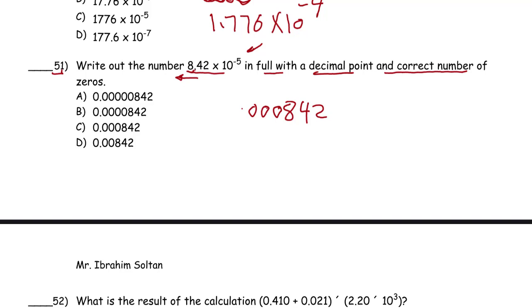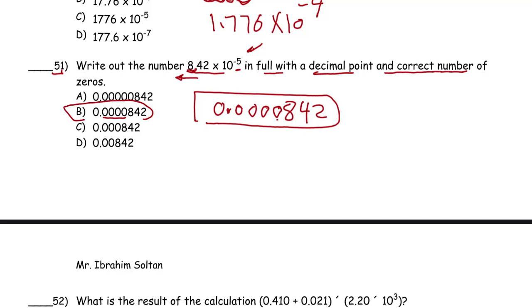After that, I move it once, so I still have 4 zeros: 1, 2, 3, 4. As you see, for negative 5, I move the decimal point once and I still have negative 4. So I put 4 zeros and close it with the decimal point. After that, I put 0. I usually say the last 0 comes from your pocket. So where is the right answer here? Letter B. It has 4 zeros as you see. So the right answer is letter B.